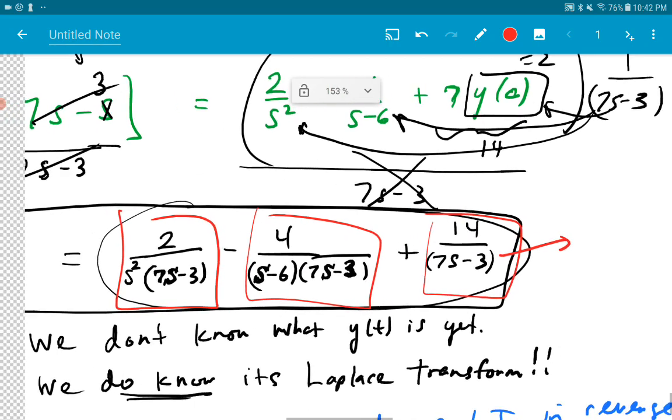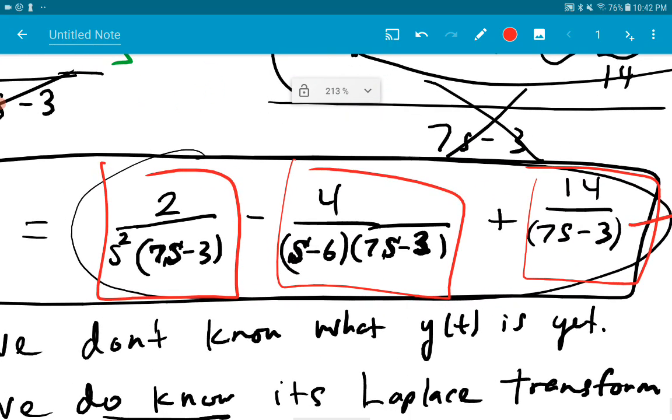These others are not so easy because you won't find these in the table. If you look in the table again, you'll see most of them have linear terms in the denominator. Sometimes they'll have square terms, but not just generic polynomials. If I were to FOIL this out, it would just be a big polynomial. Same thing here.